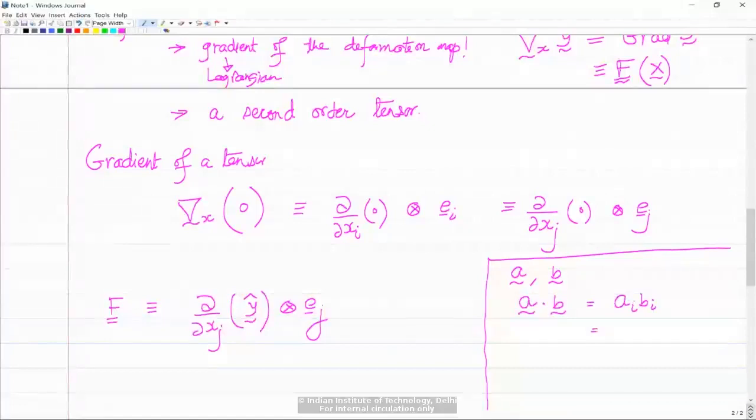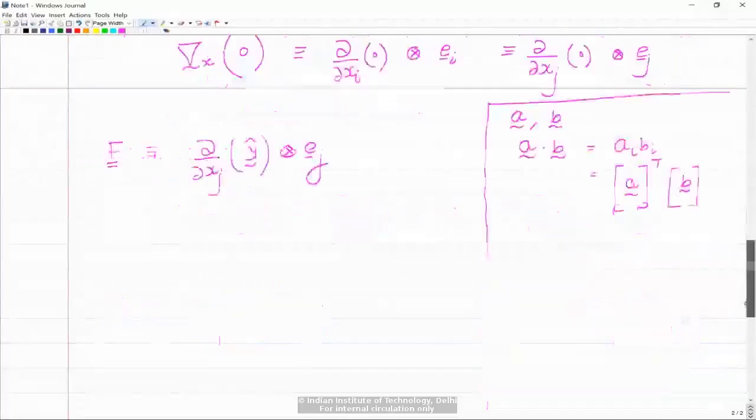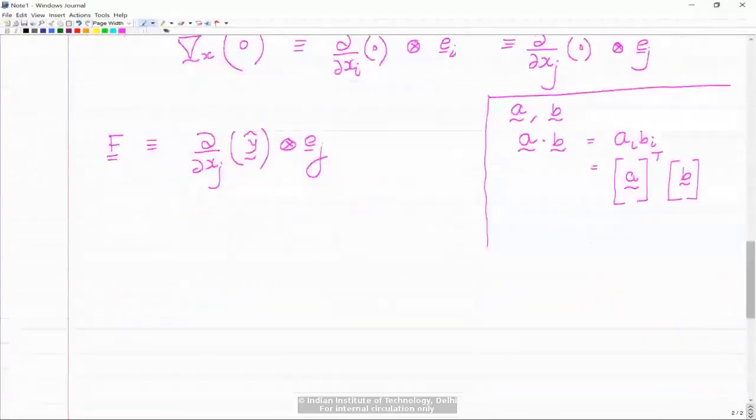And if you want to write it in matrix form, then it's the column form of A, which will have the three components, and take the transpose of it and then multiply with the column form of B. Okay?